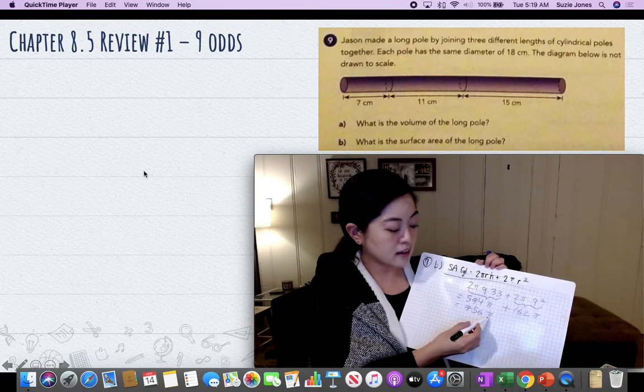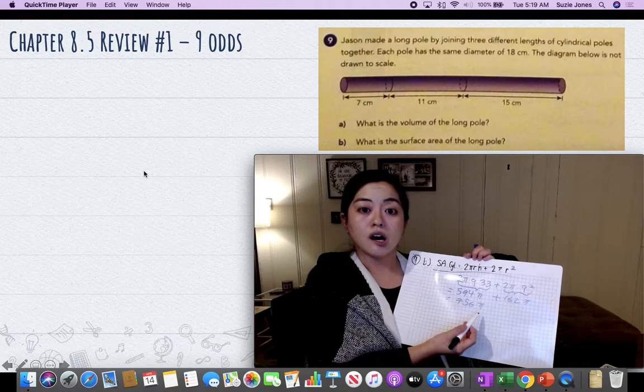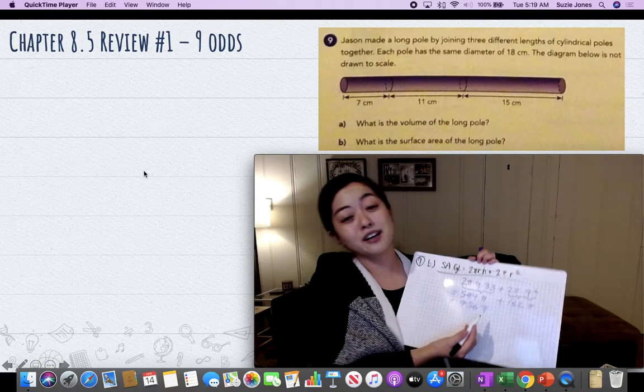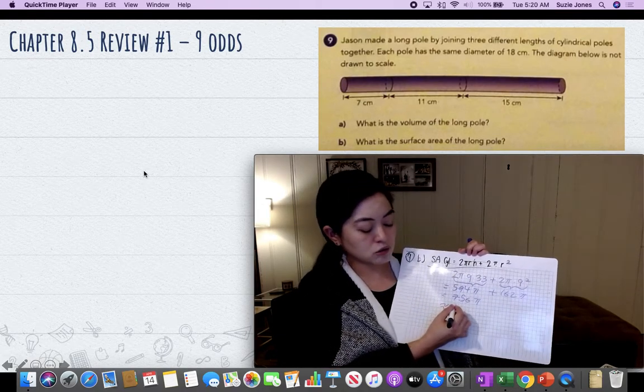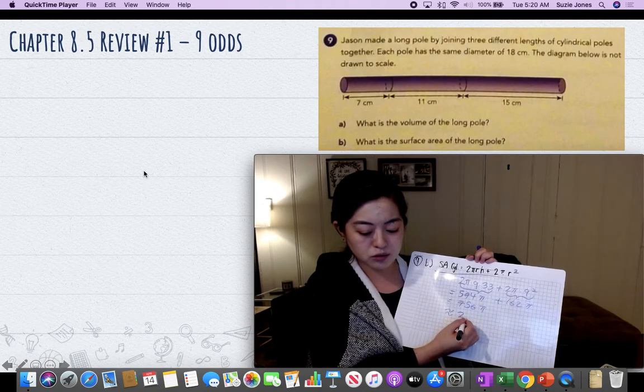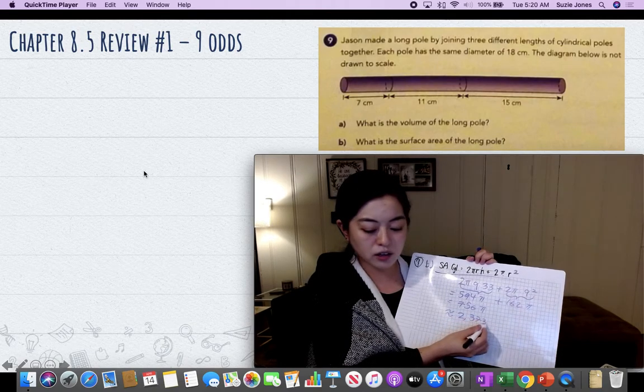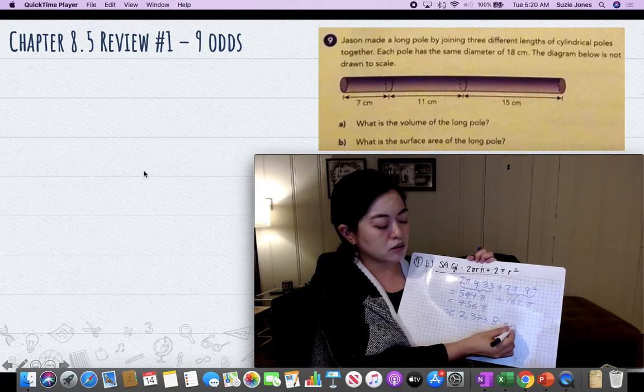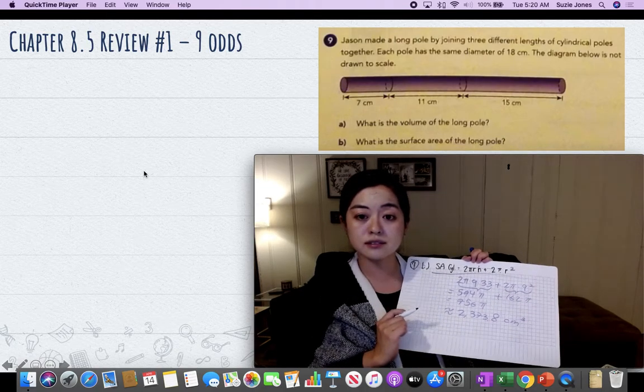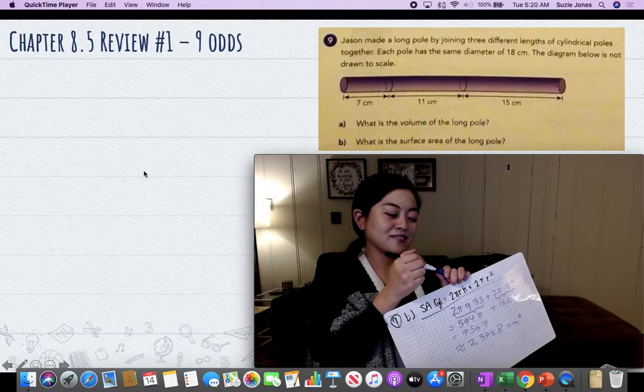And then now we can input 3.14 as an approximation for pi, and then this will be approximately equal to 2,373.8 square centimeters.